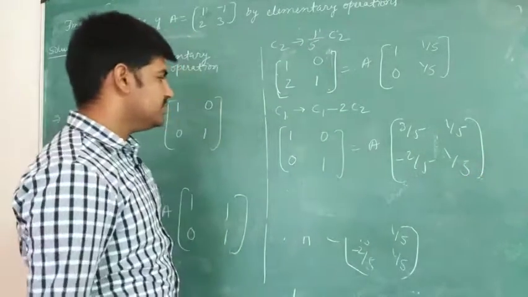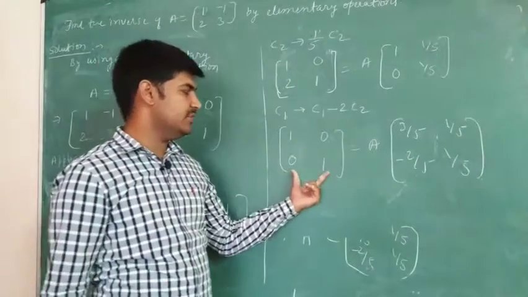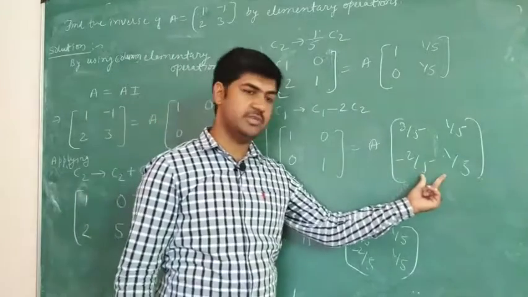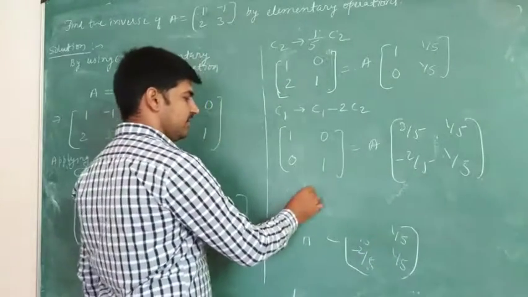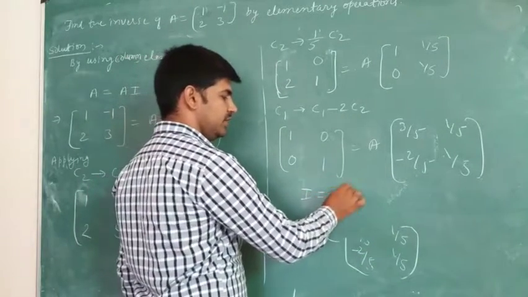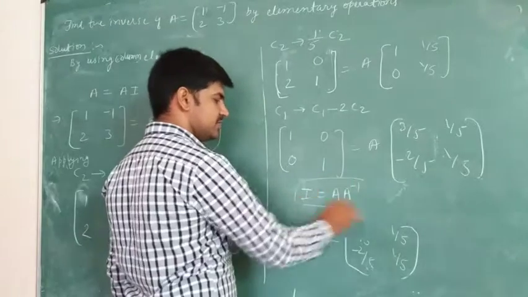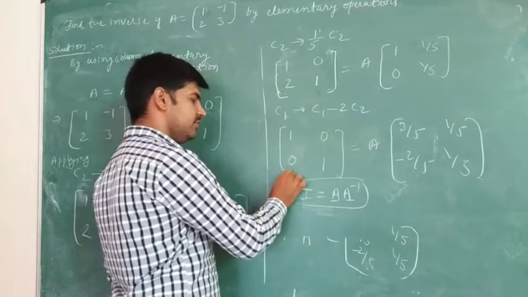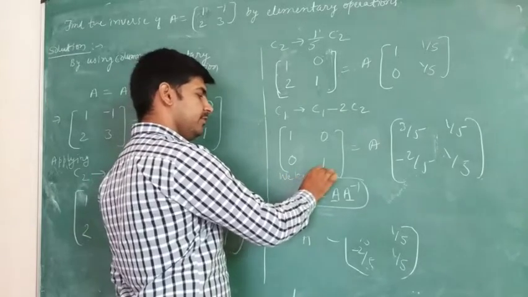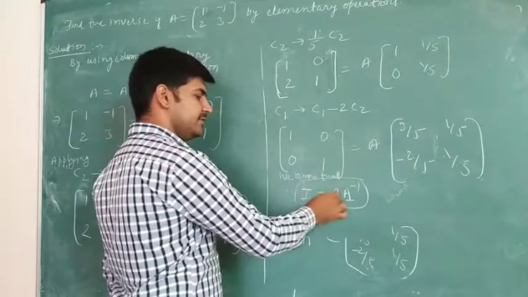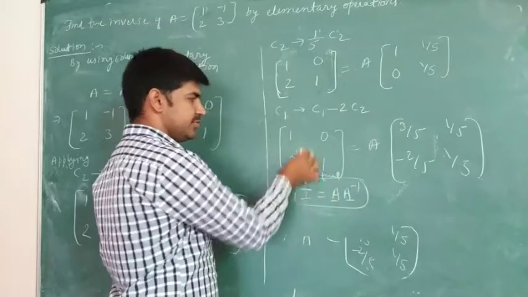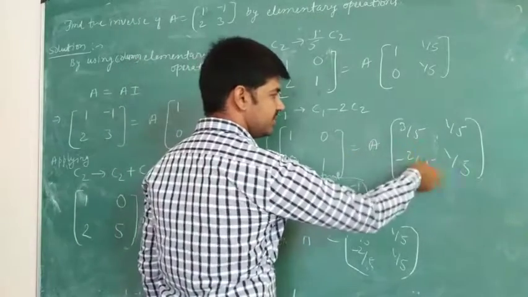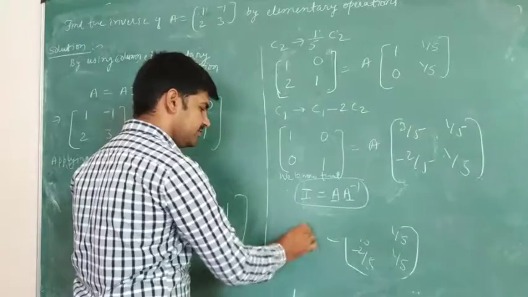So students, what do you notice? An identity matrix is equal to A times some matrix. So we can say here we have got I is equal to A times A inverse. If this is so, that means A times A inverse is equal to the identity matrix. So what is A inverse?